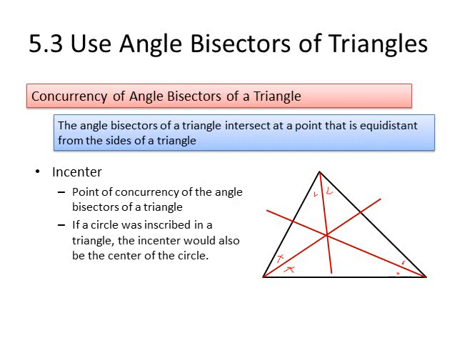It's a bisector here for the angle, making the two angles equal. And the last one bisects the angle again. So the three bisectors intersect at one point.